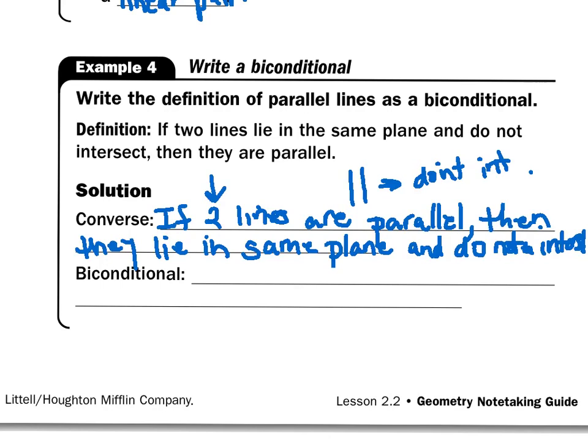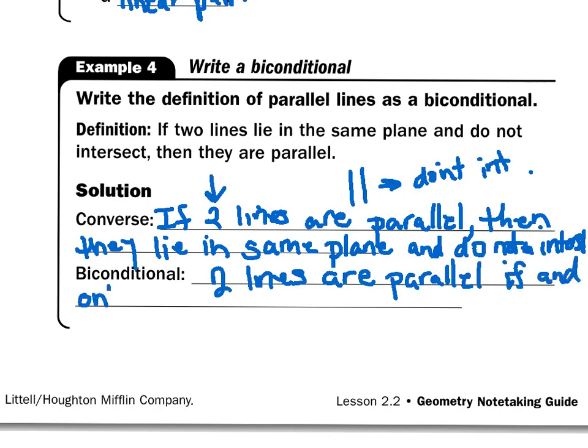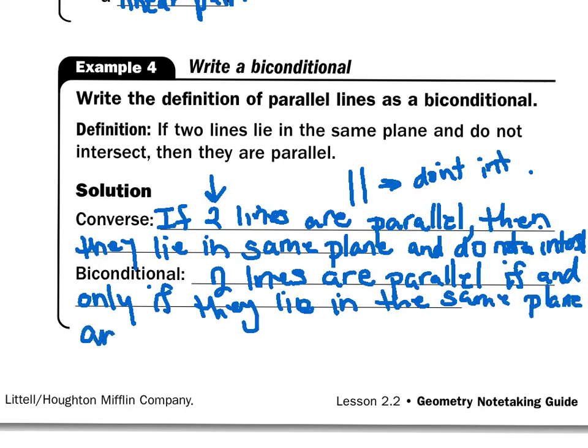So if two lines, not if, just two lines, are parallel, if and only if they lie in the same plane and do not intersect. So biconditional, start with your converse and then go to biconditional.